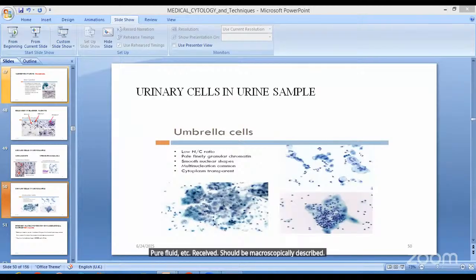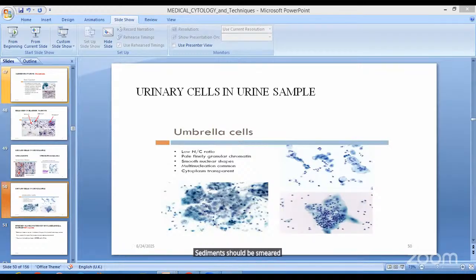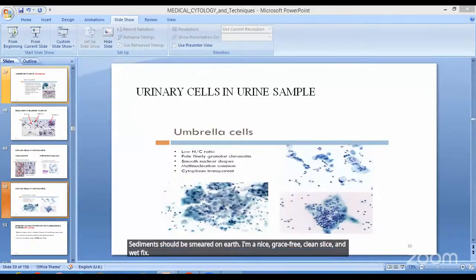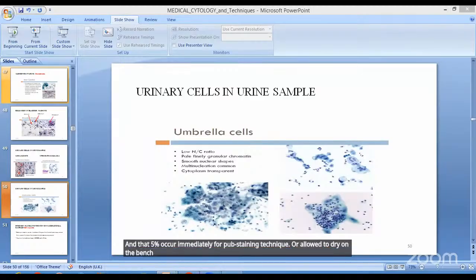They should thereafter be centrifuged at between 1,500 to 2,000 revolutions per minute for 10 to 15 minutes. Sediments should be smeared on clean, grease-free slides and wet-fixed in 95% alcohol immediately for the Pap staining technique, or allowed to dry on the bench for the May-Grünwald or Leishman-Giemsa stain.